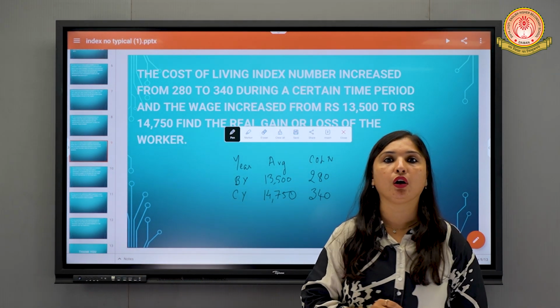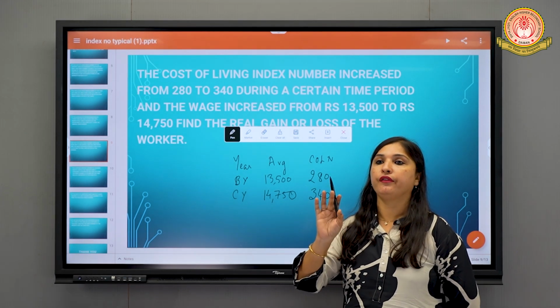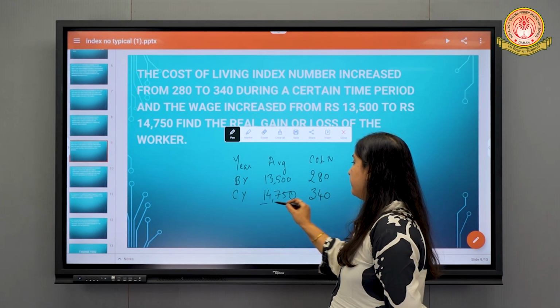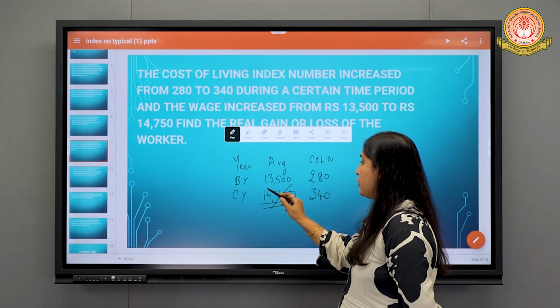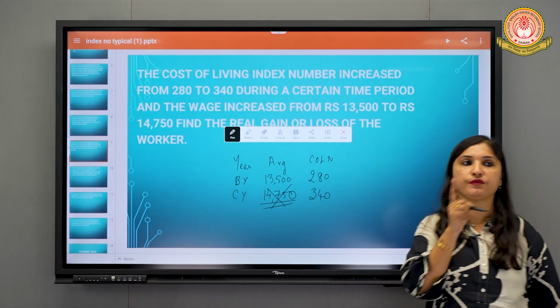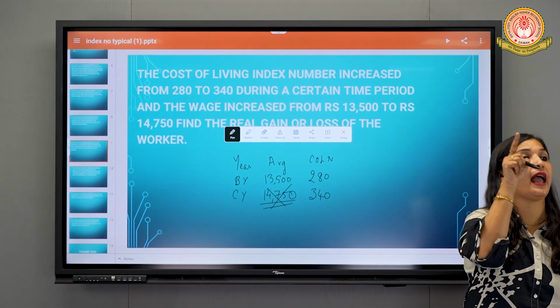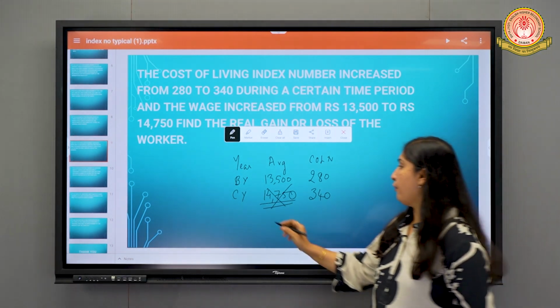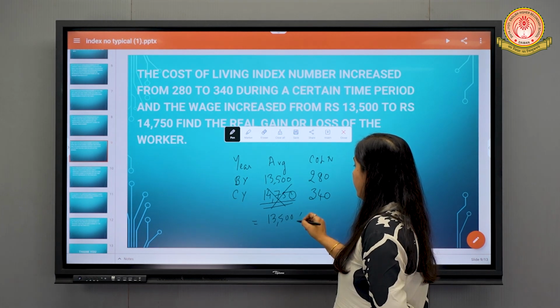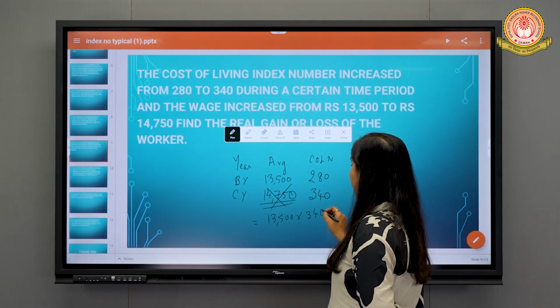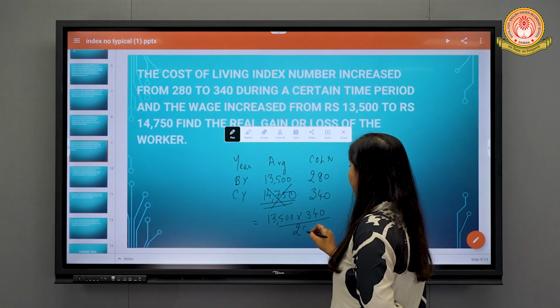To find the gain or loss, we will assume that this current year income is not given to us, and first we will find the income he should actually get. For doing it, what will you do? 13,500 will be multiplied by 340 and divided by 280.